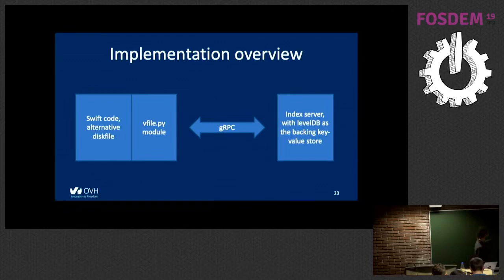It's a new file, actually an alternate disk file for those of you familiar with Swift. It relies on a vfile.py module that gives you a file-like abstraction to work with so that you don't have to patch so much code. And it will communicate with the index server, remember, it's running on the same machine, over a Unix domain socket.